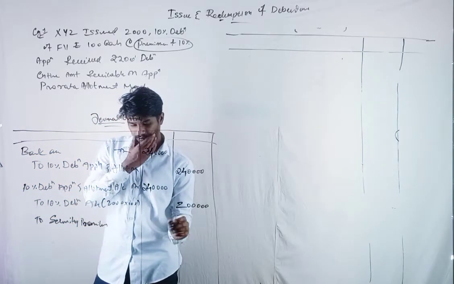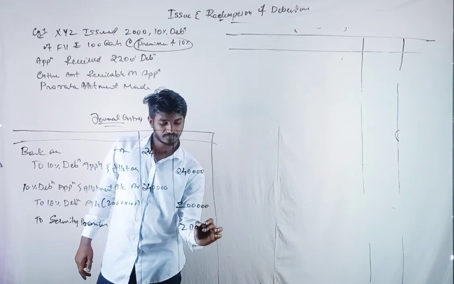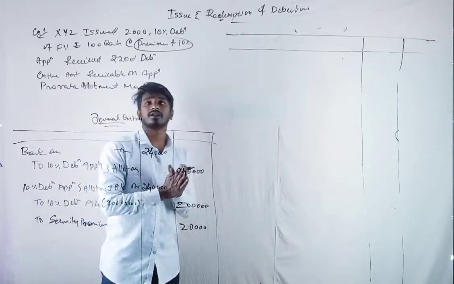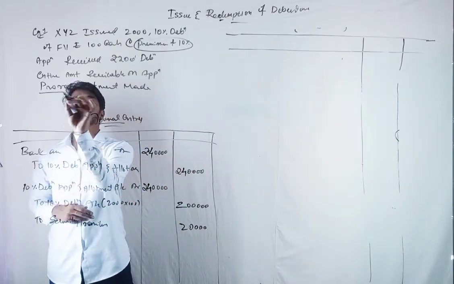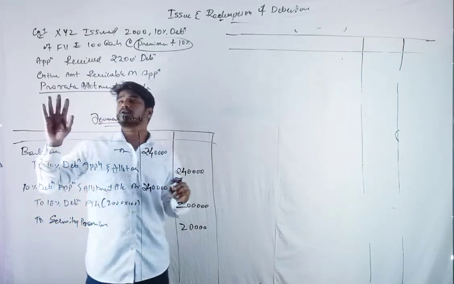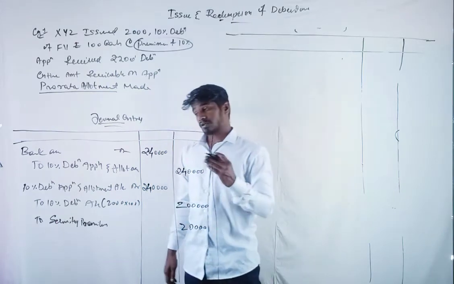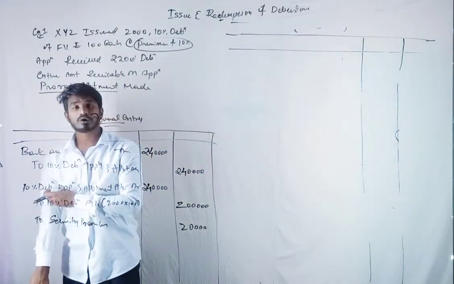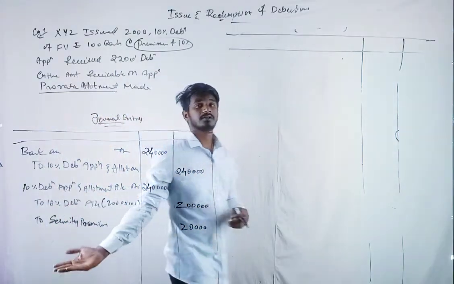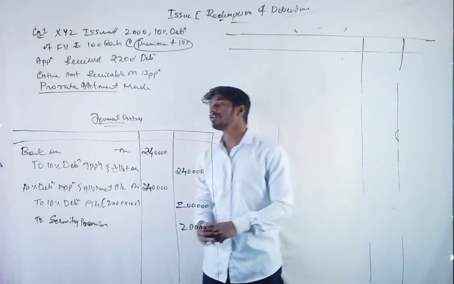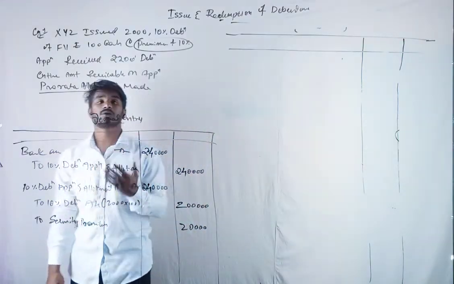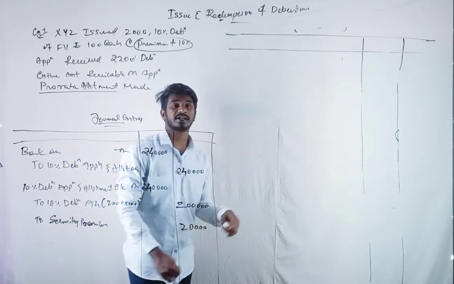Security premium, how much? 20,000. And the remaining 20,000 they have given allotment, pro rata allotment. Should we take it to debenture allotment account? No. Why? Because we don't allot anything, because we have received the entire loan in the application itself.